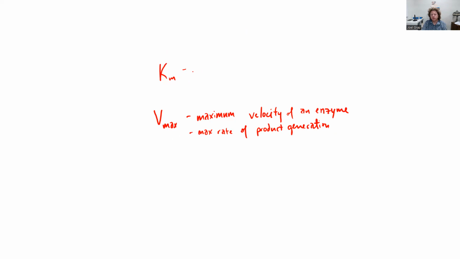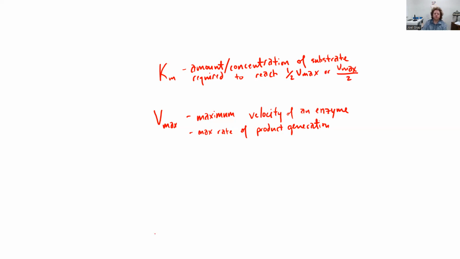For starters, the Km is the amount or concentration of substrate required to reach one half Vmax, or Vmax over 2.